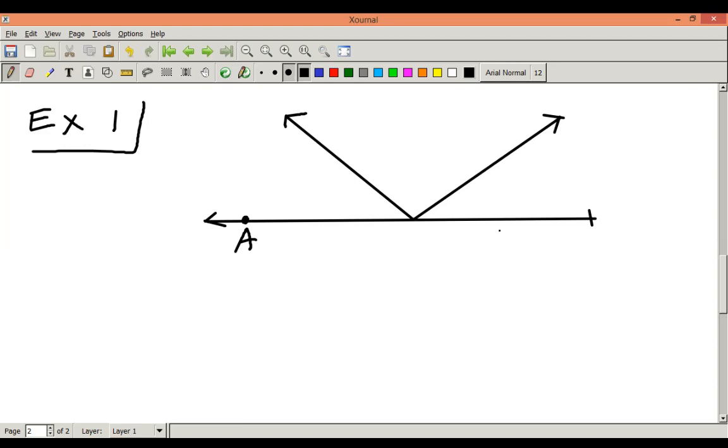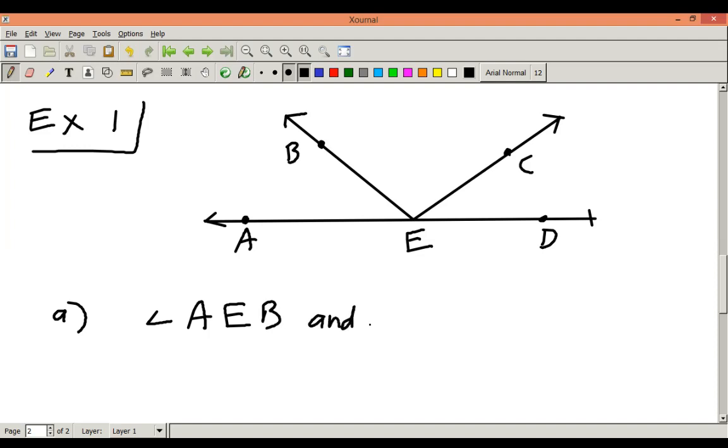There's point A, point E right there, point D, point C right here, and point B. All right, let's talk about the relationship between angle AEB and angle BED.